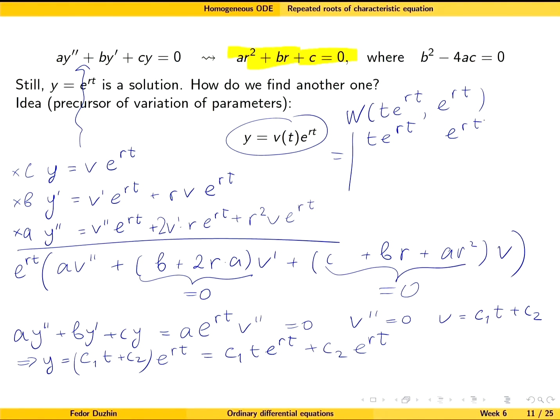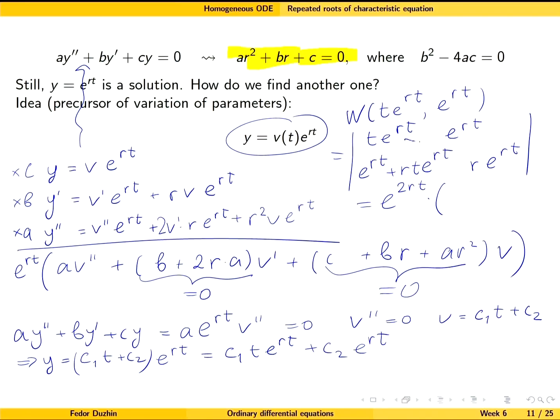So the derivative of t times e to the rt is e to the rt plus r t e to the rt, and here I have r e to the rt. Okay. Now I can take out e to the rt twice from both rows, so it is e to the 2rt times.